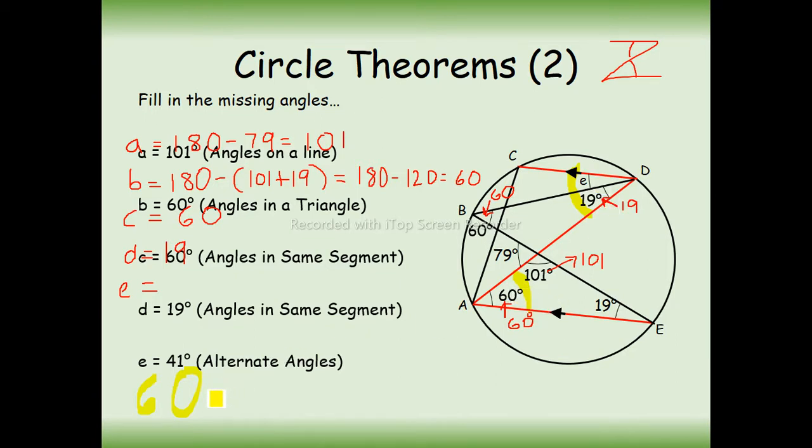So that's going to be 60 minus 19, which gives us the 41 that we need. All right, that's nice. So again, with this stuff, all the rules matter.